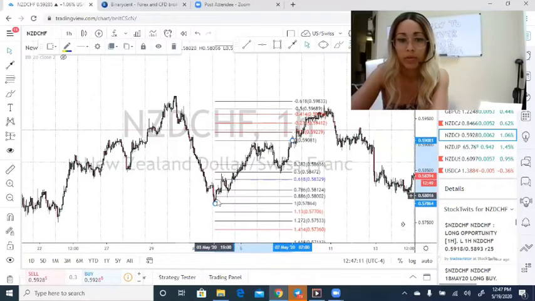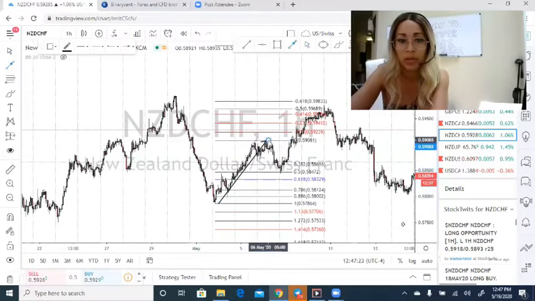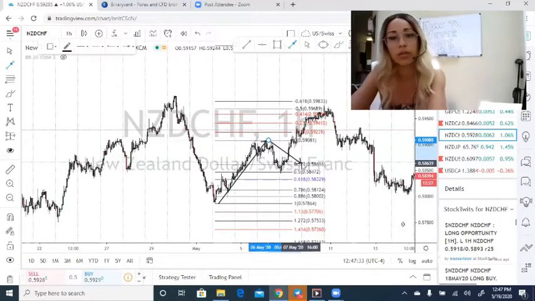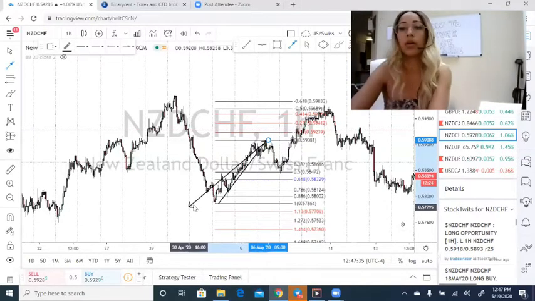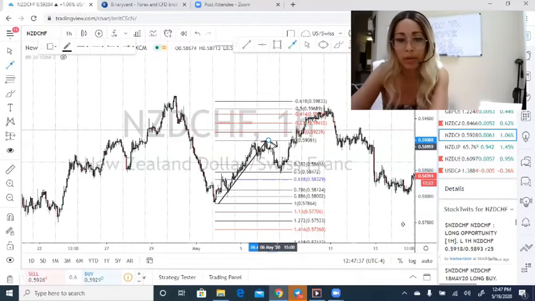Okay, remember we came down from here and we measured it up here. Now I'm looking for price from here to minimum come down to 50%, and look at where it did, right here. If it had stopped at this 38.2, it would be invalid. That is no longer our strategy of the bat pattern.